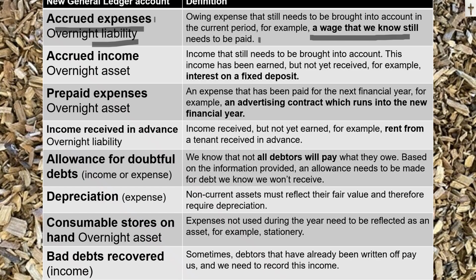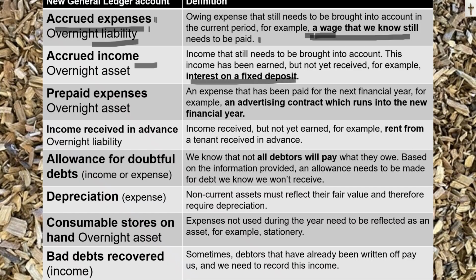But we know the wage expense has increased. Accrued expenses means owing expenses. We will go and debit wages and credit owing expenses to truly reflect the wage account, the wage bill, as an example.